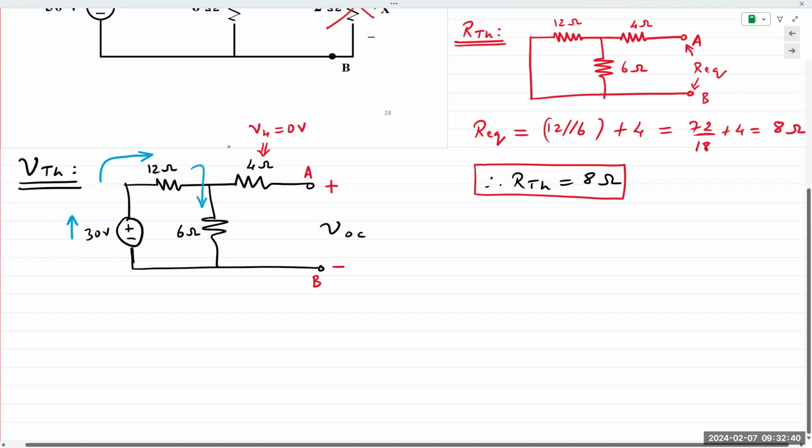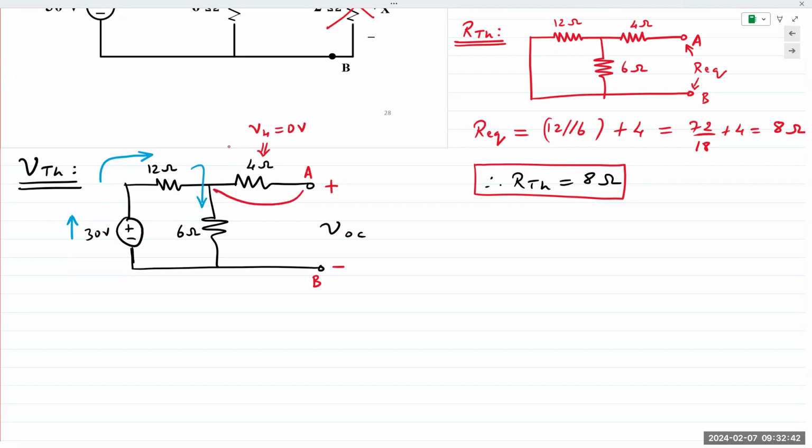And so point A has the same voltage as this node right here. And that's the important concept. If a resistor is not connected at one end, then both ends have the exact same electric potential because there is no current flowing, basically 0. And so the voltage at A is exactly the same as the voltage between the 12 and 6 ohm resistors.